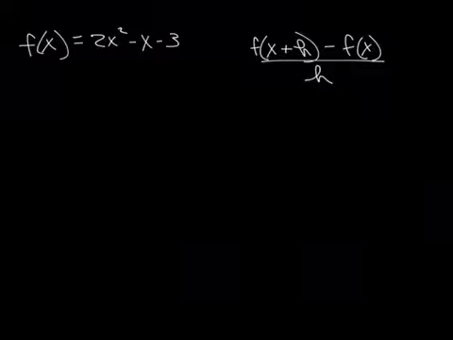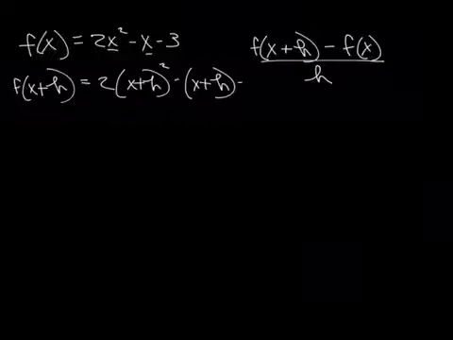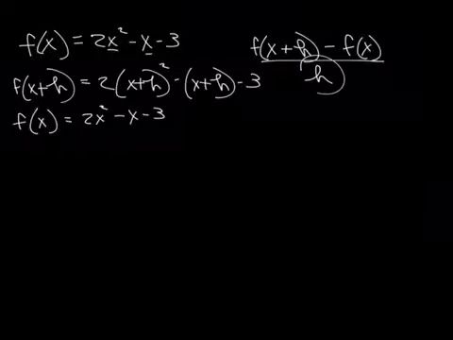We're going to find, first of all, f of x plus h, and all that means is whenever we see a variable, we're going to put x plus h in its place. Okay? F of x, so we already know it's the original problem. And then h is just going to be h.